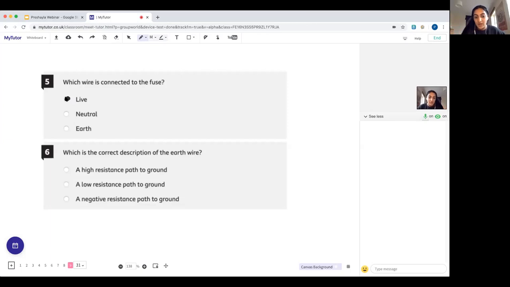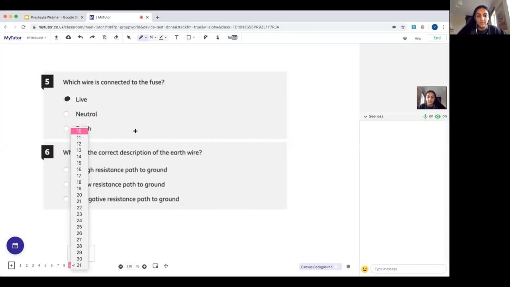So if you put a low resistance path to ground, that's correct. The reason it needs to be low resistance is to allow as much current as it can through. So remember, low resistance is high current. So this low resistance allows lots and lots of current to flow out to ground, reducing the risk to us of electric shock.